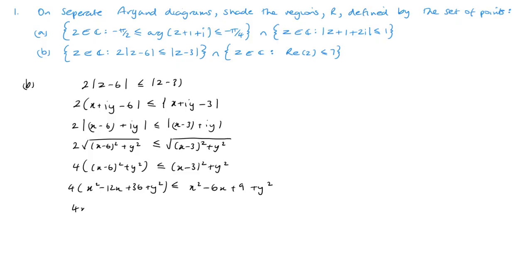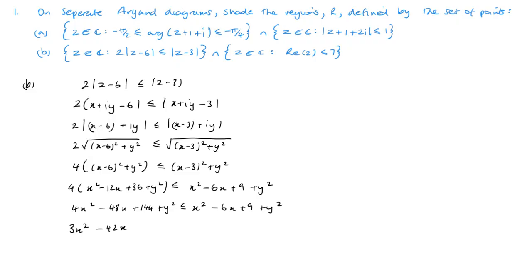Now multiply by 4: 4x squared minus 48x plus 144 plus 4y squared less than or equal to x squared minus 6x plus 9 plus y squared. So this is 3x squared. Now I'm adding 6x, so it's minus 42x.